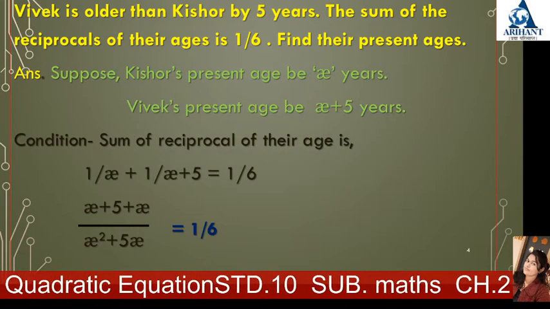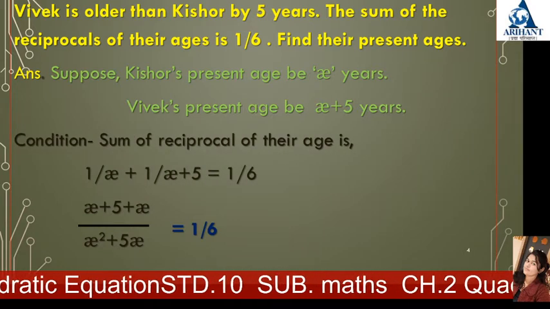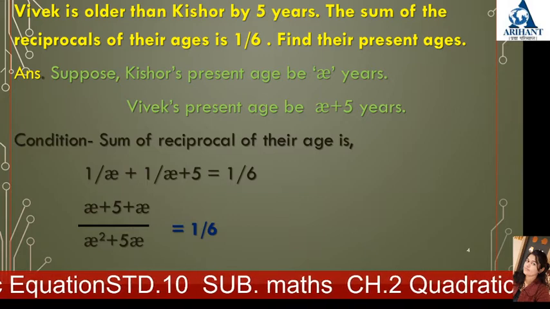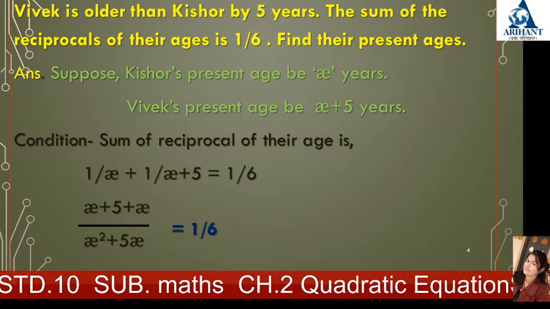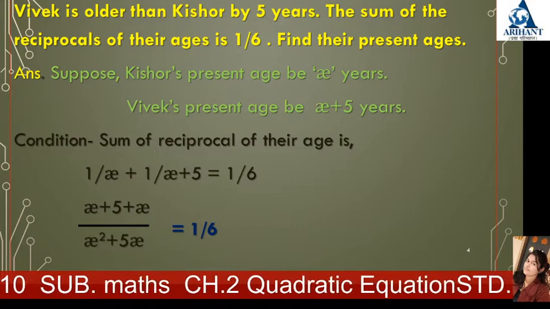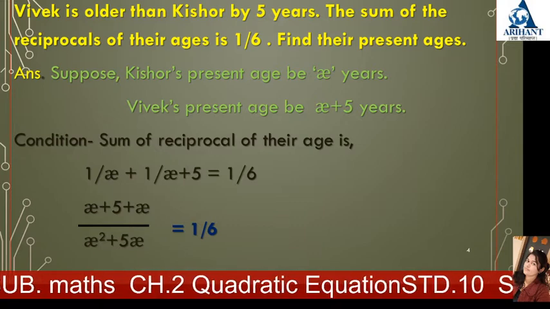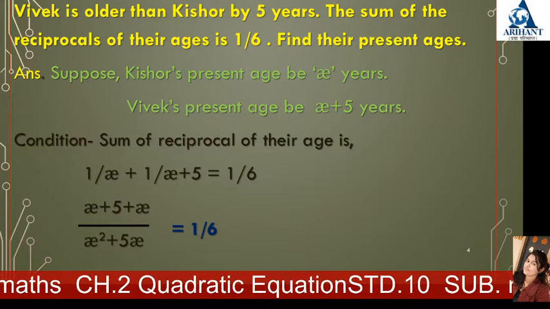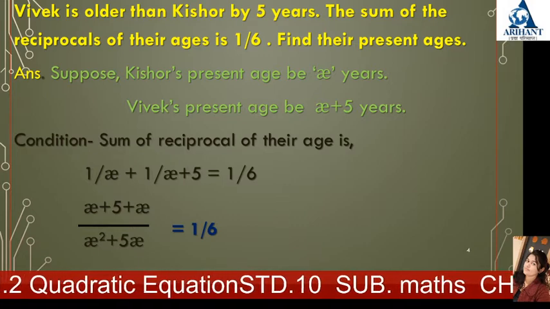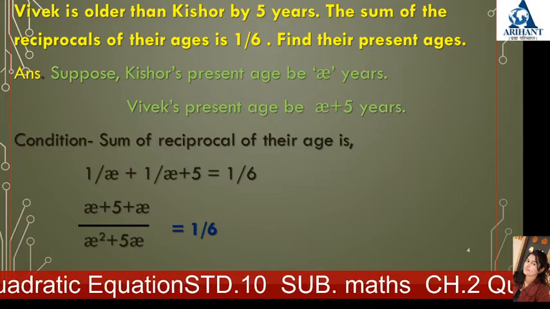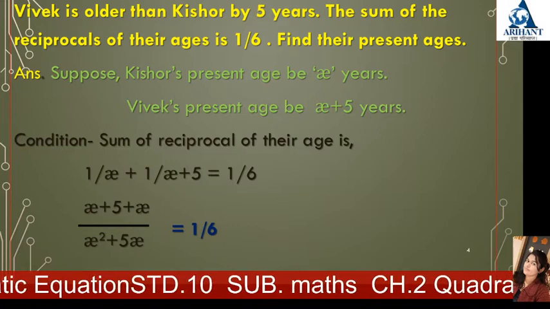Next, if you read carefully, you will find one condition in the sum. That is the sum of the reciprocals of their ages. So we know Kishore's age is x. So the reciprocal is 1 by x, plus Vivek's age is x plus 5. The reciprocal of Vivek's age is 1 upon x plus 5.